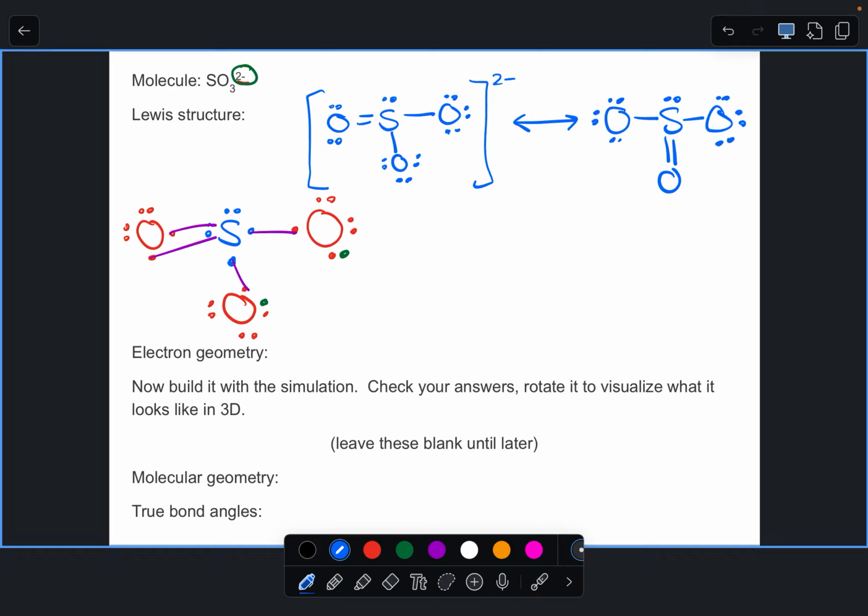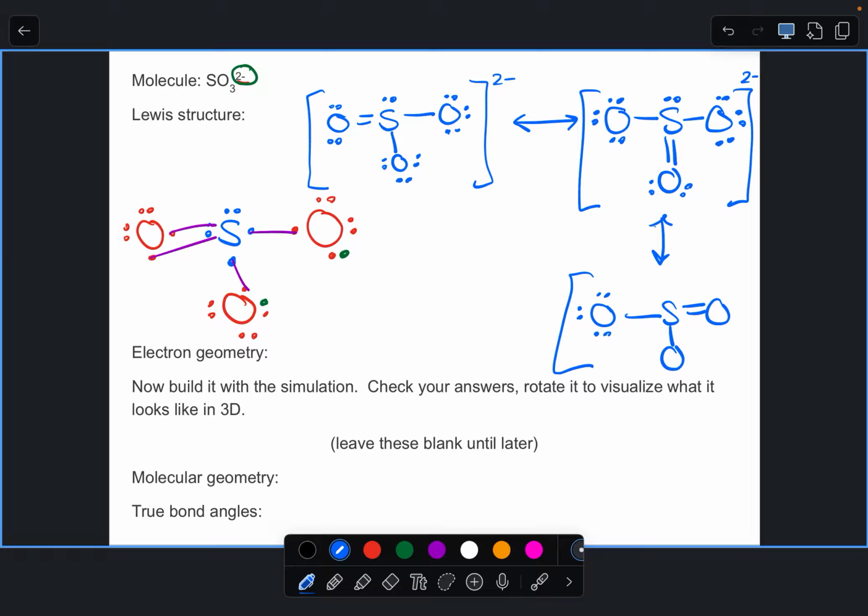Because you have 3 oxygens that are all equivalent, all bound to the sulfur, there's really no difference between them. We need to show that the double bond is really spread out over all 3 of those oxygens. But the way we show it is by showing all 3 versions.